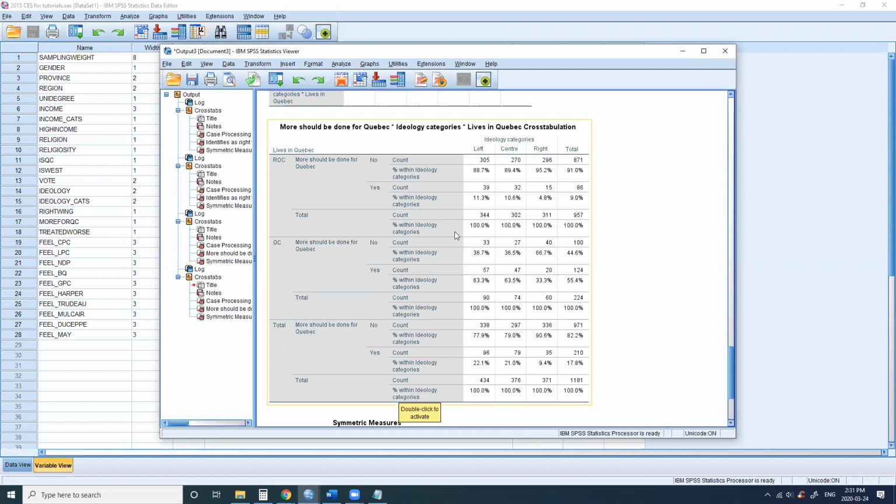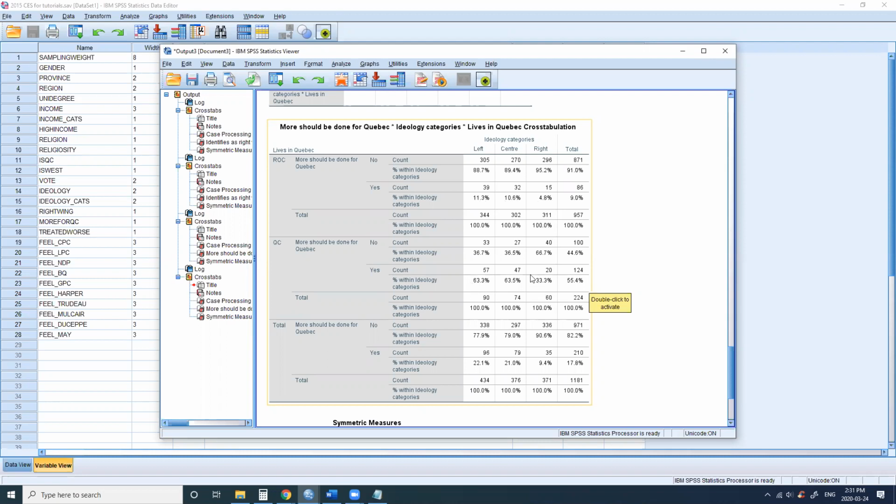And obviously, overall levels of wanting to do more for Quebec are higher in Quebec versus the rest of Canada. But look at the ideology gap, right? Here, it's 6.5 percentage points. Here, it's 30 percentage points, right?